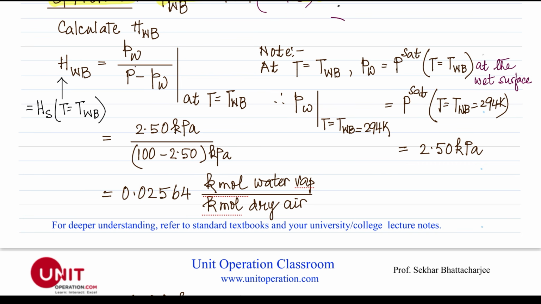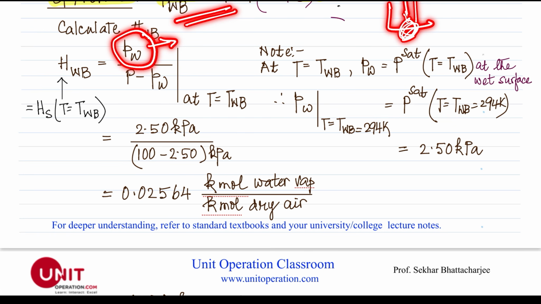Now, for option B, what is the option? That's the wet bulb temperature is 294 Kelvin, which is 21 degrees Celsius. Is this the correct option? Let's see. First, we find out the partial pressure of water at this wet bulb temperature 294 Kelvin. At the wet bulb temperature, the air near this wick is saturated.